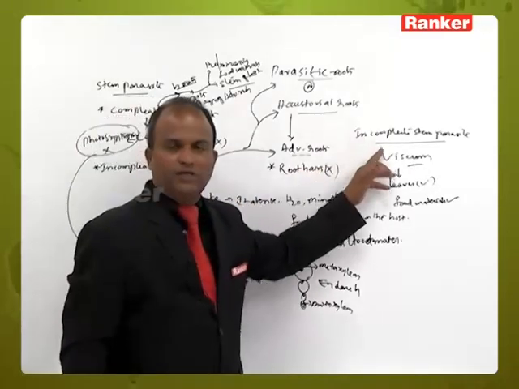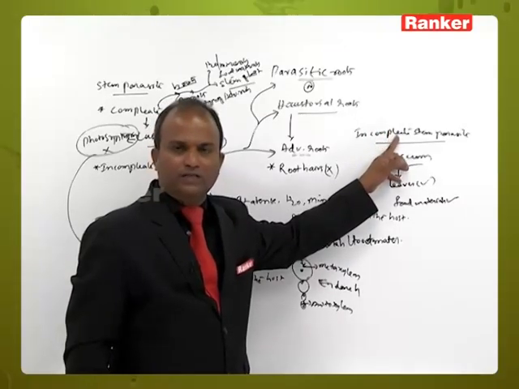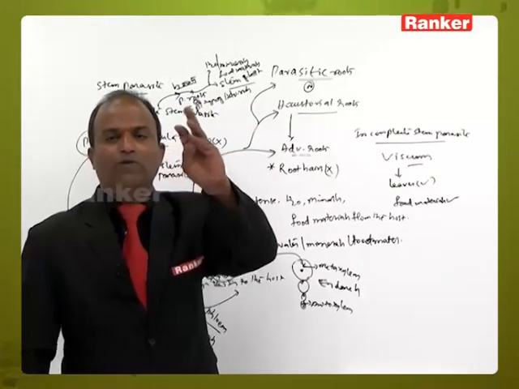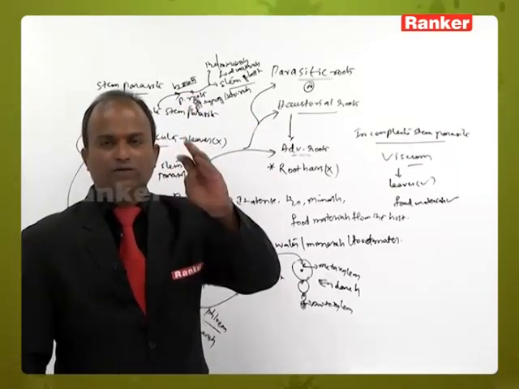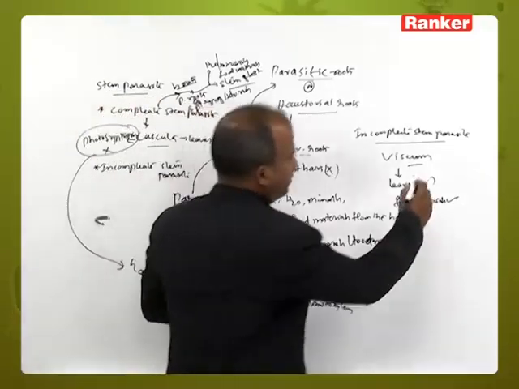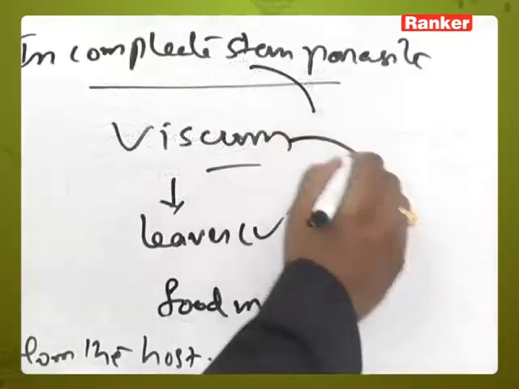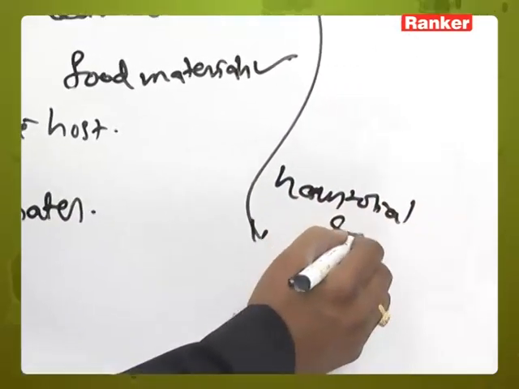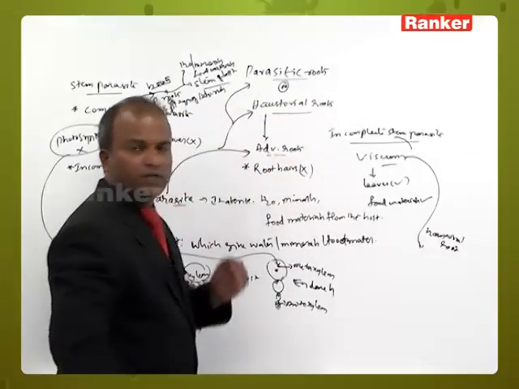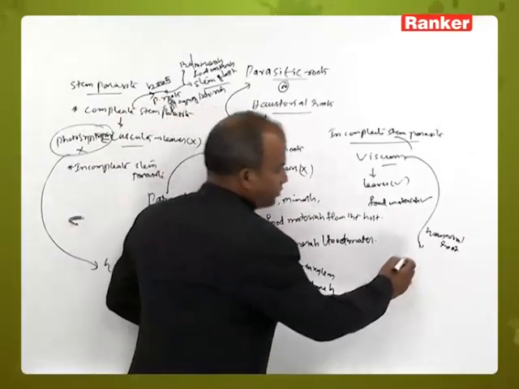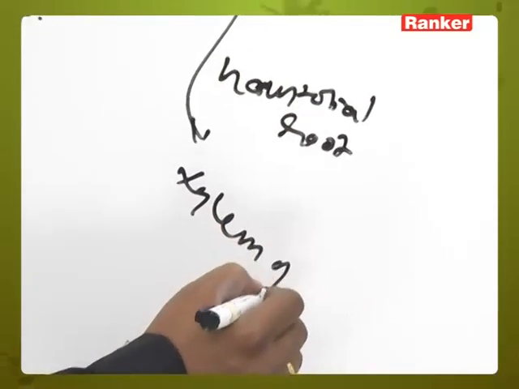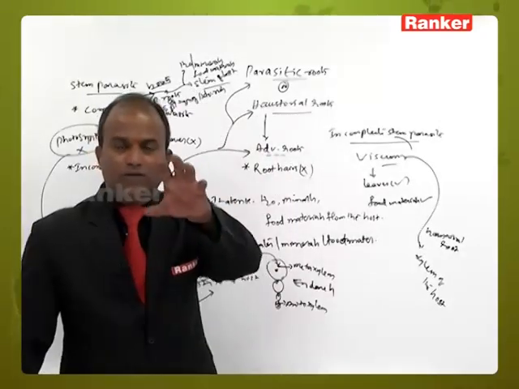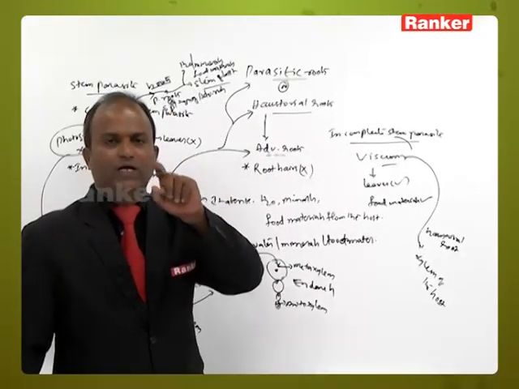That means this Viscum, as an incomplete stem parasite, is depending upon the host only for water and minerals. The haustorial roots of Viscum penetrate only into the xylem of the host, in order to absorb only water and minerals, but not food materials.